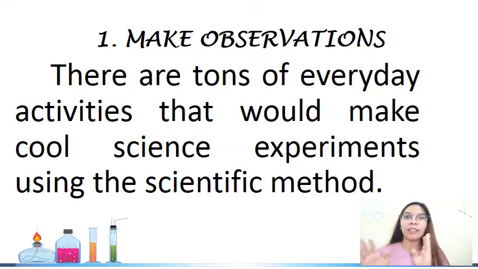Tingnan mo ano yung mga nangyayari sa inyong paligid. And the one thing that will pique your curiosity or your interest, that's the best thing na gawing problem para sa inyong scientific method. Kung ano yung gusto nyo talagang malaman, doon ka mag-focus.